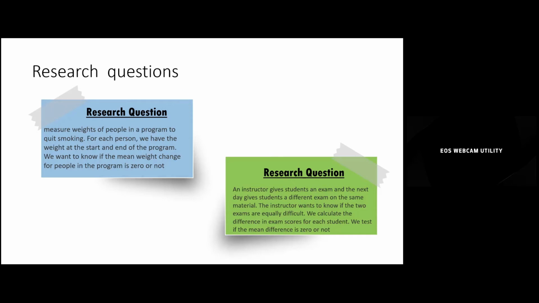And I want to know whether the mean weight changes for people or not. The second example: an instructor gives students an exam and the next day gives a different exam on the same material, and wants to know if the two exams are equally difficult, so we calculate the difference in exam score for each student. But remember, we give the two exams to the same set of students.